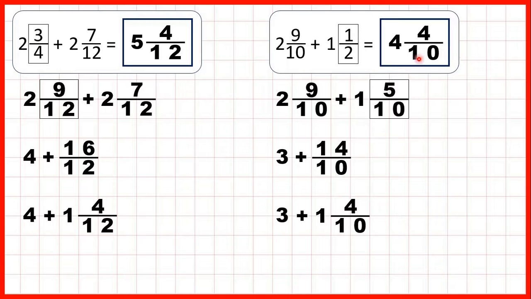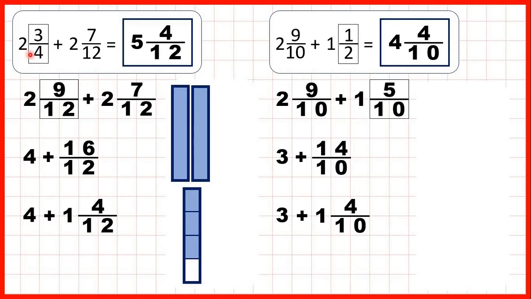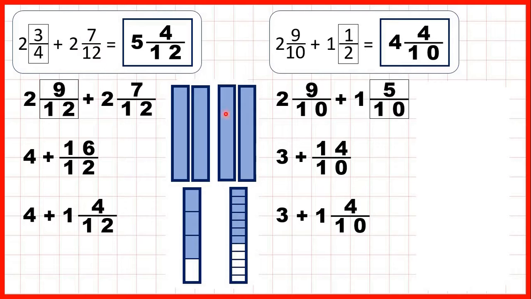So let's see what we did here. We started with 2 and 3/4, so 2 wholes and 3/4, and we were adding 2 and 7/12. But we needed to get the denominators the same, so we changed those 3/4 into 9/12.